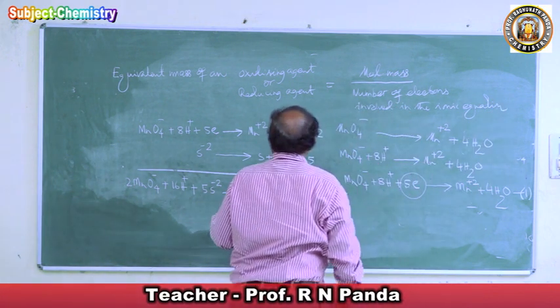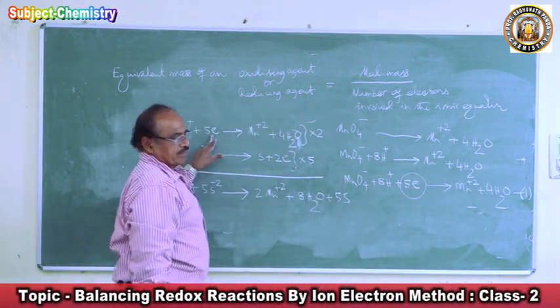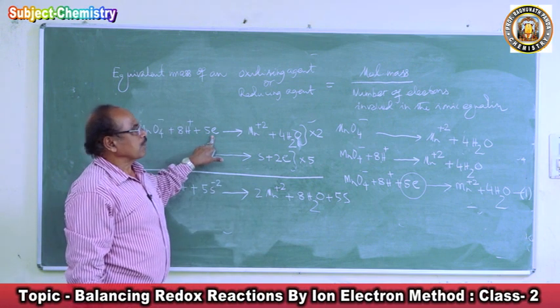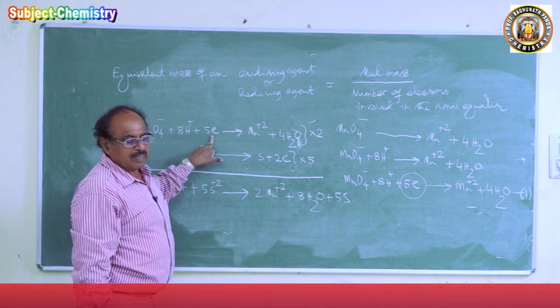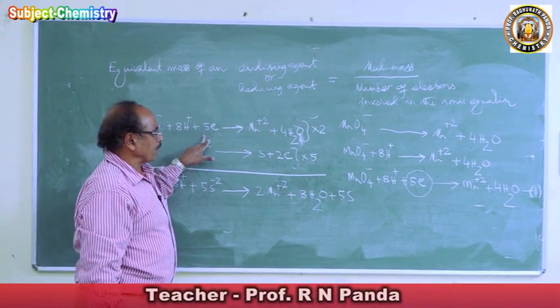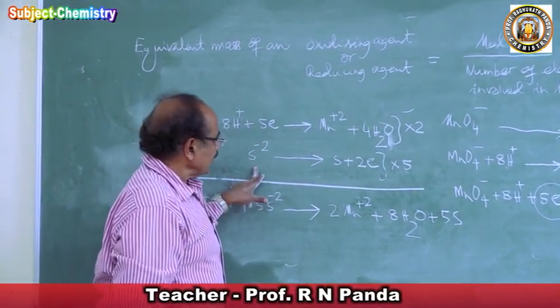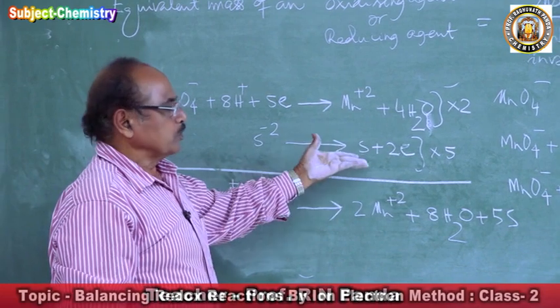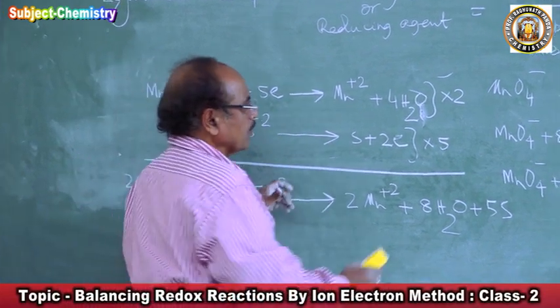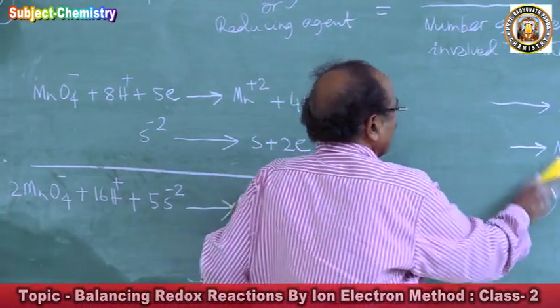So in potassium permanganate, how many electrons are involved? 5. So its equivalent mass will be molecular mass by 5. And how many electrons are involved in H2S? 2. So the equivalent mass of H2S will be molecular mass by 2.